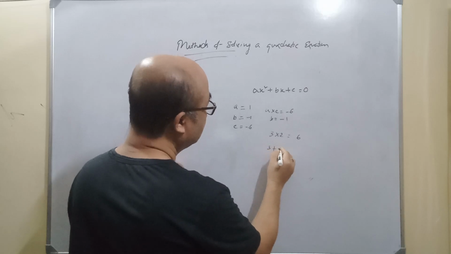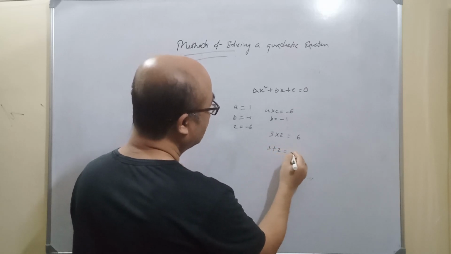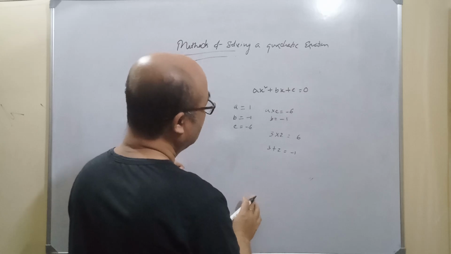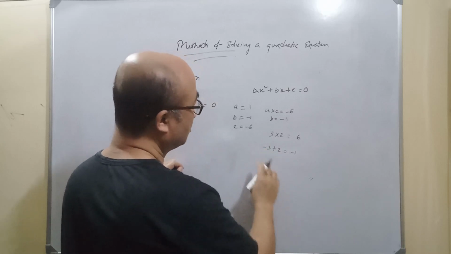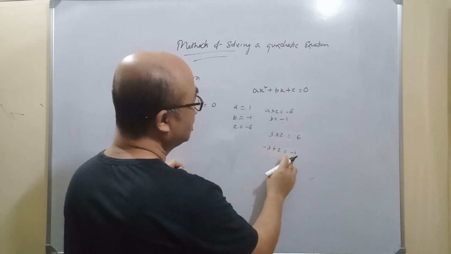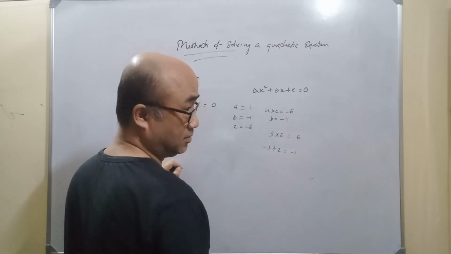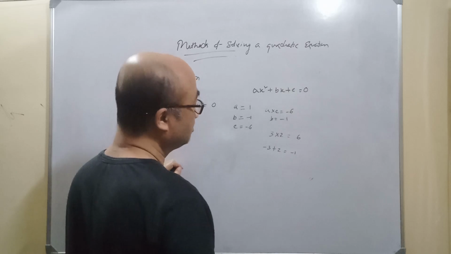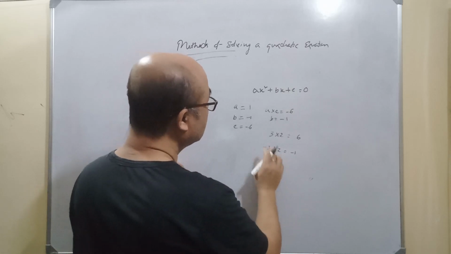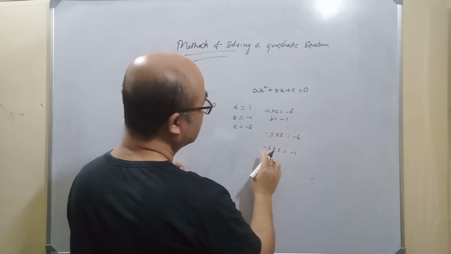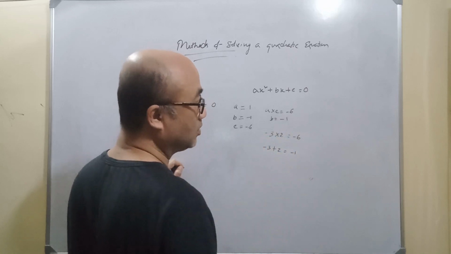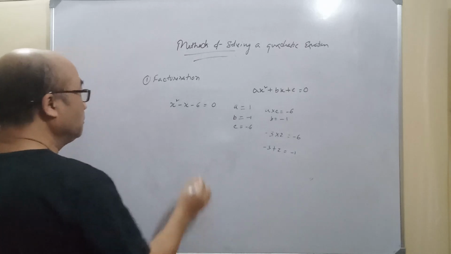So 3 plus 2 will be equal to minus 1 only when we put negative sign before 3, because minus 3 plus 2 is equal to minus 1, right? So the numbers are minus 3, 2 and minus 3 plus 2. Okay, so remember that.